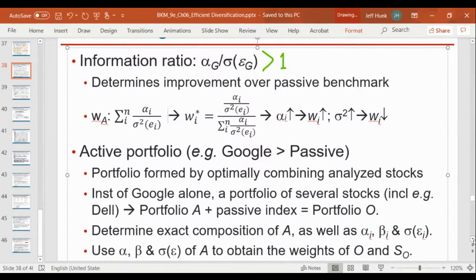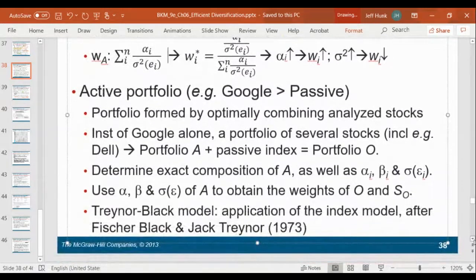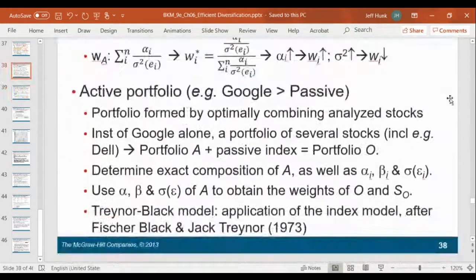Okay? So the portfolio formed by optimally combining analyzed stocks, that's an active portfolio. Instead of Google alone, let's say a portfolio of several stocks, including, let's say, Dell. So then active portfolio plus passive index portfolio is the optimal risky portfolio, right?